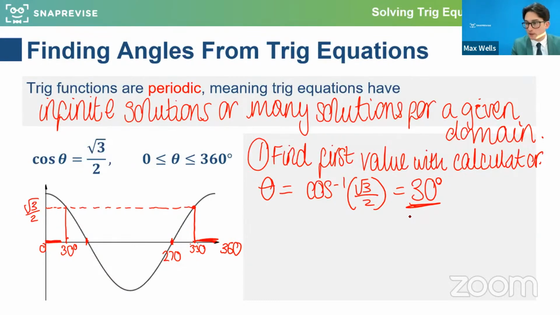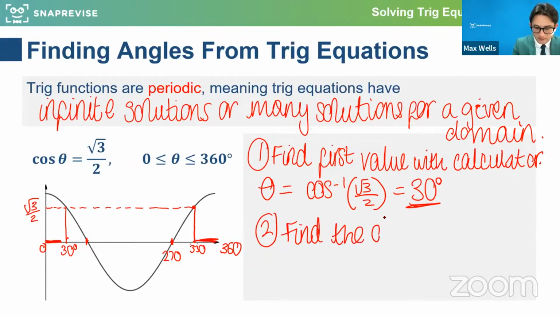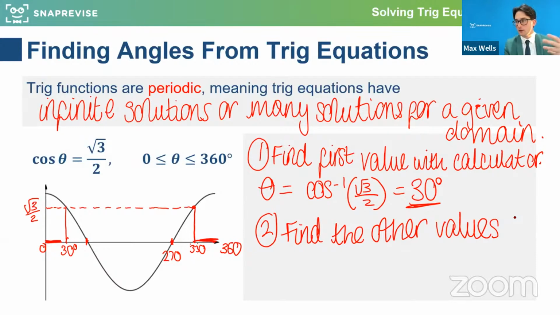Yeah, superb. So the second part of the method would be to find the other values with the graph. Brilliant. Now, this technique is absolutely fine. And if you're confident doing that, that's brilliant. We know that these questions can be harder than this, but well done if you're happy with that.